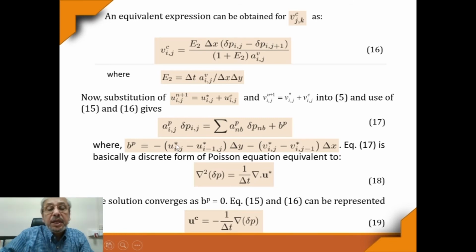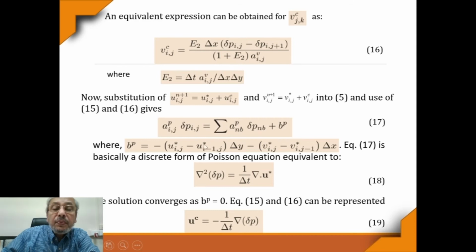as you can see, U star i,j minus U star i minus 1,j into delta y minus V star i,j minus V star i,j minus 1 delta x. This is basically the continuity equation written using star quantities.